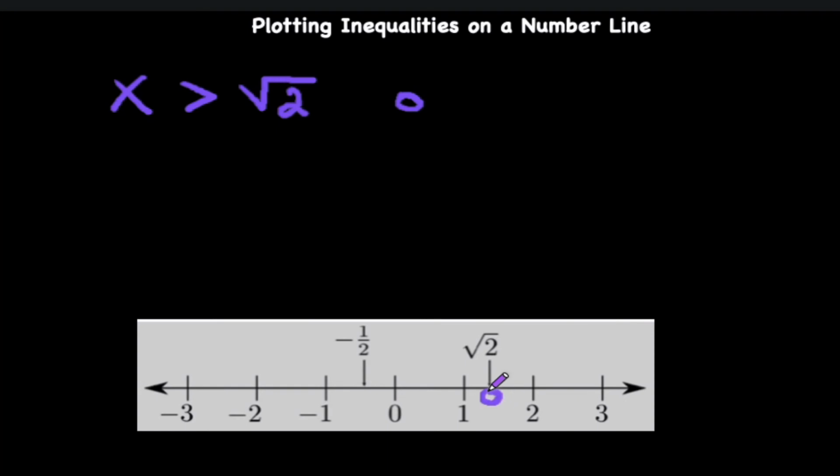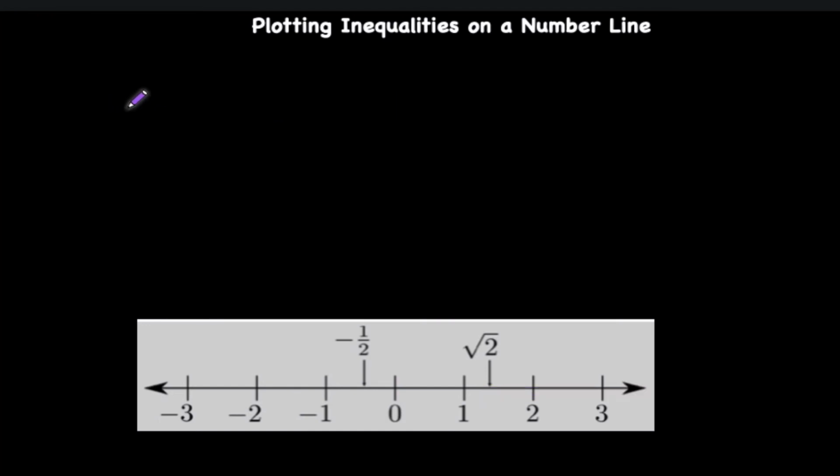So we're going to have an open circle and we're shading to the right. Okay? So that means all numbers excluding the square root of 2 are greater than the square root of 2. So let's go over some other examples.